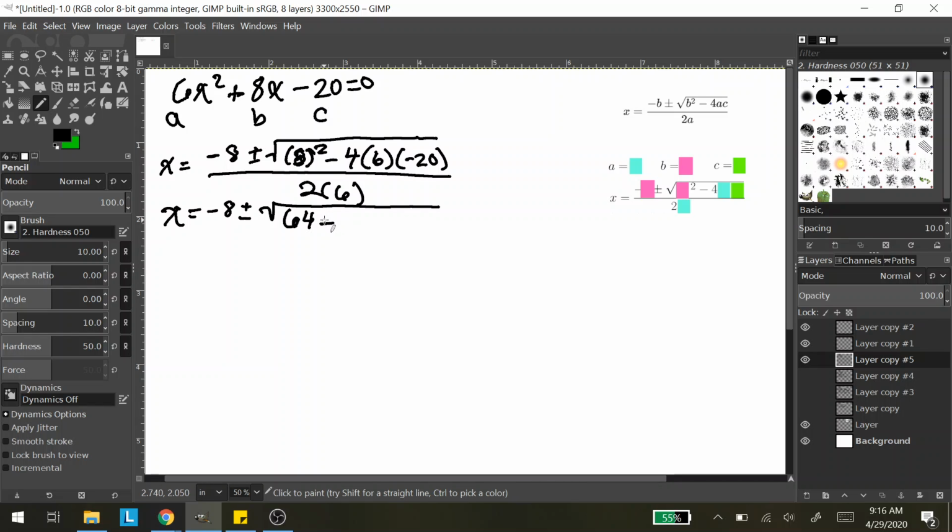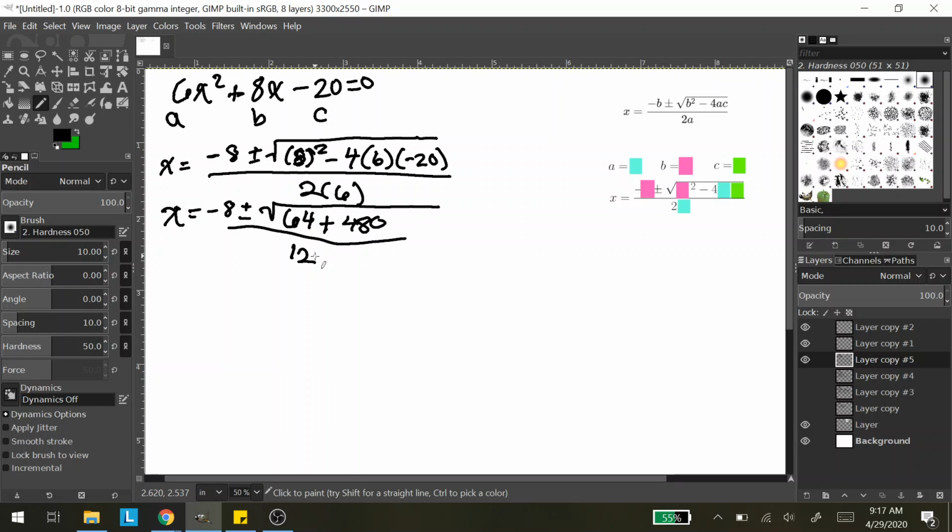The negative times the negative makes a positive. If for some reason you get a negative inside the square root, your answer is no solution. You cannot take a square root of a negative number. And then all over 2 times 6 is 12.